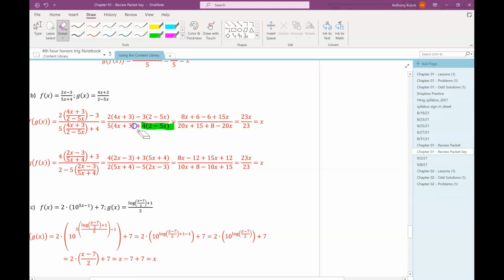What I'm doing in here is I'm multiplying by 1. I'm just multiplying the top and bottom of that fraction by 2 minus 5x. So it distributes to both of those places and then clears out all the fractions for me, is what I'm doing there. Does that help?